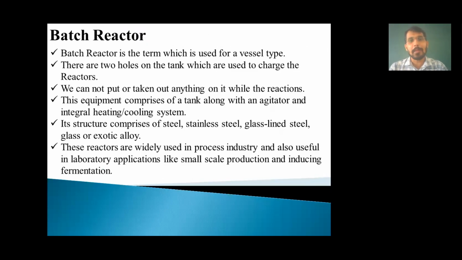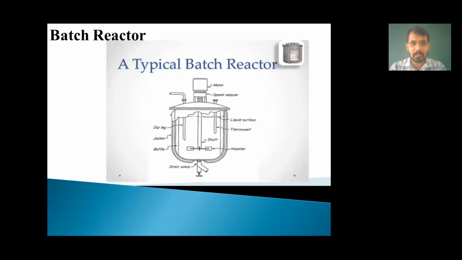So what is the meaning of batch reactor? A batch reactor is simply one type of vessel. Means batch reactor is the term which is used for a vessel type. You can see here, this is a vessel which consists of baffles, drain valve, impeller, thermowell and a motor. So what is the meaning of this?